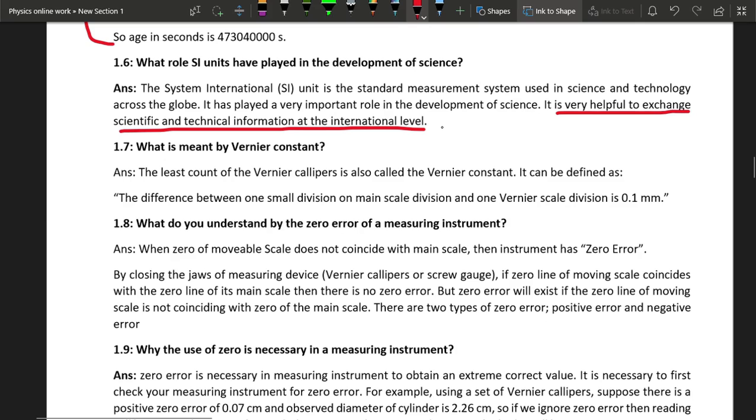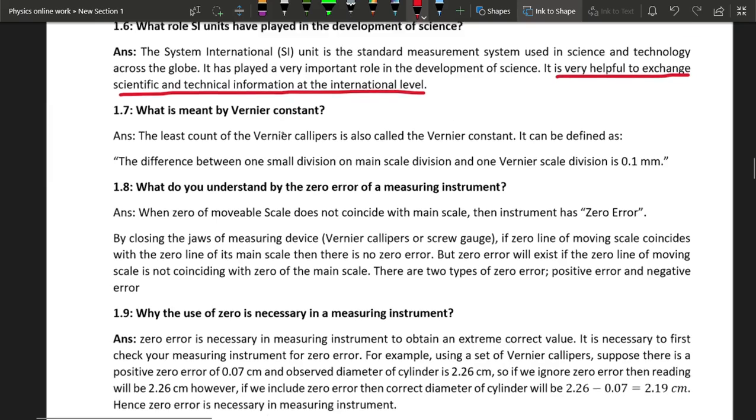So to have the same unit across the globe, SI played a very important role to standardize the units. So this will be the answer: it helps us to exchange scientific and technical information at international level.